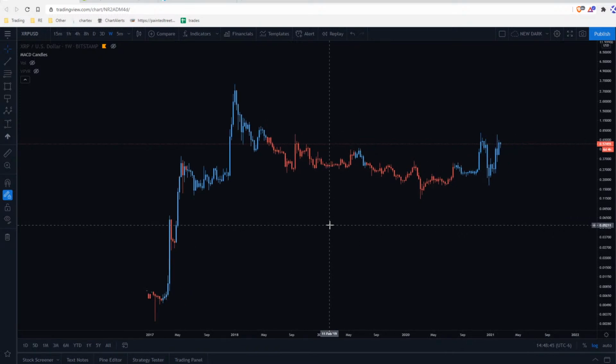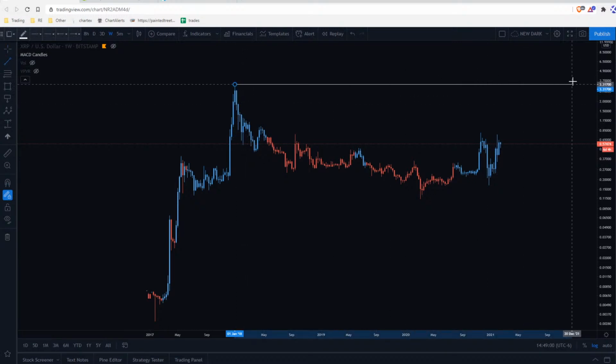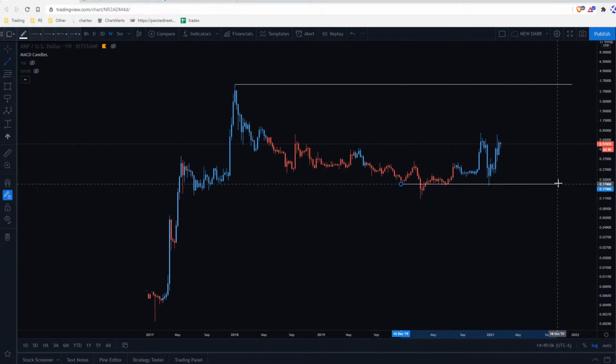XRP. I don't know what to tell you guys. This thing's going up. You can hate it as much as you want, but it's going up. It could very well run to all-time high. This was a deviation of the major range.